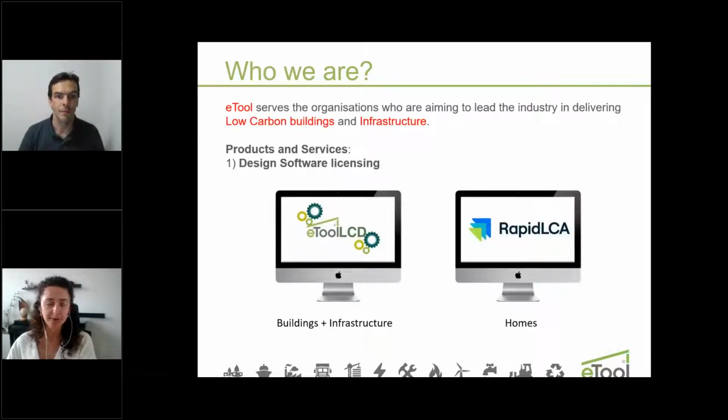So for those who haven't heard of eTool, a quick introduction. eTool serves the organizations who are aiming to lead the industry in delivering low carbon buildings and infrastructure. We are recognized for our integrity, teamwork, and passion for the environment. And we provide certain services and products to the clients.